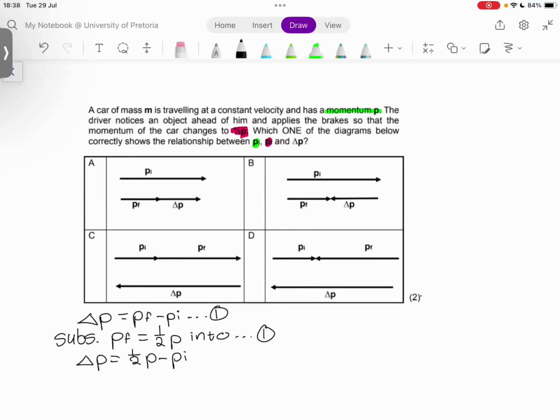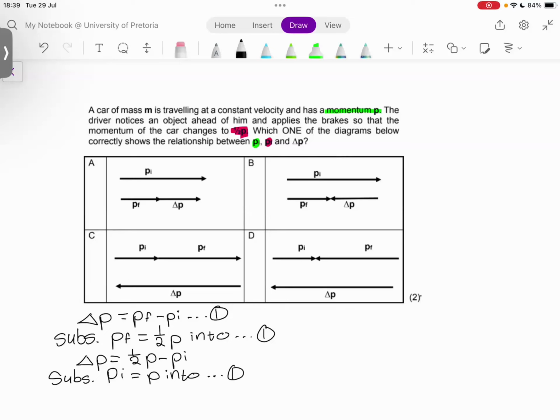And the next step is to substitute in the value of the initial momentum. This was also given to us by the paragraph. So I'm writing again, substitute pi is equal to p into equation 1.